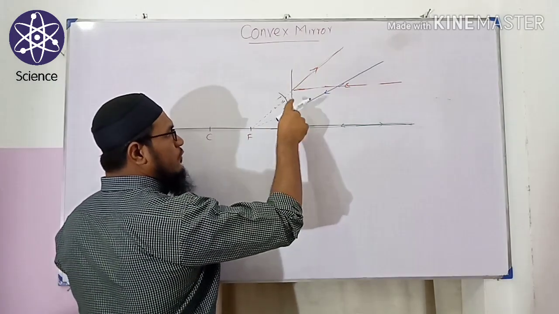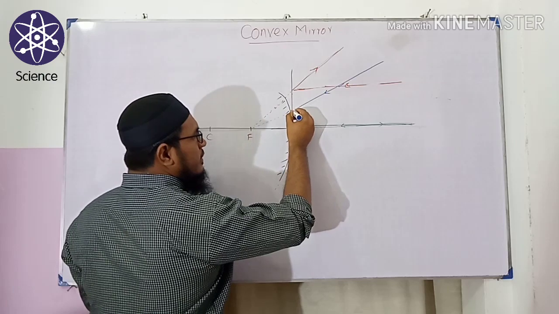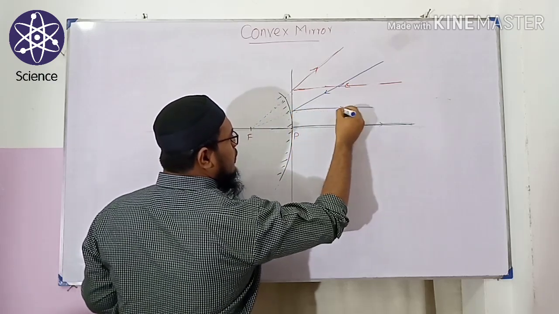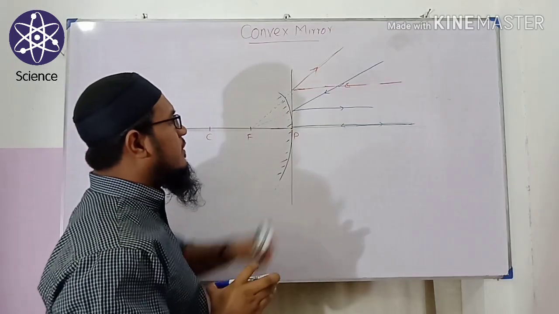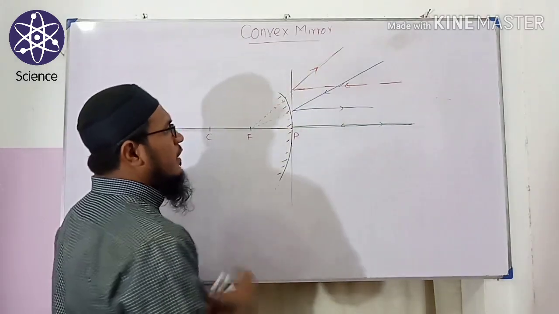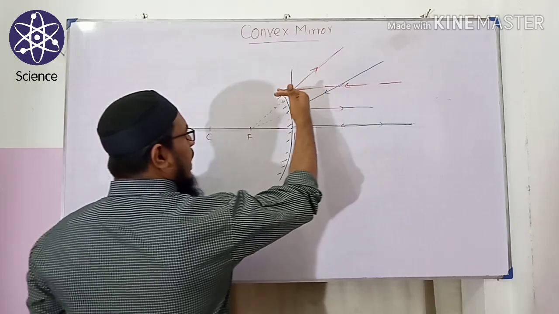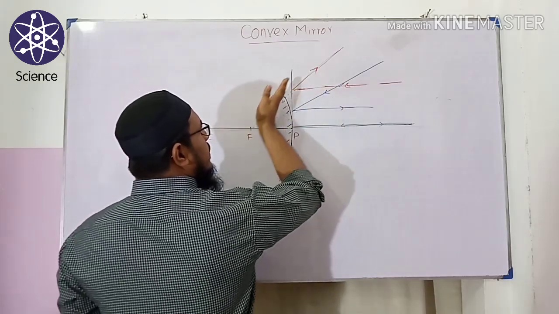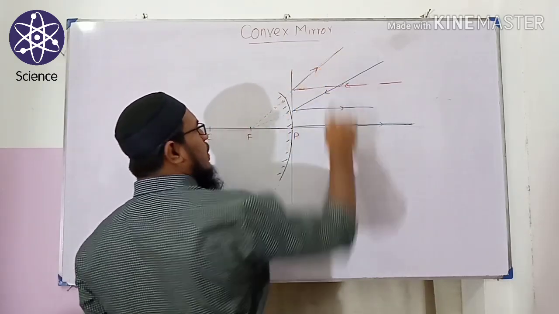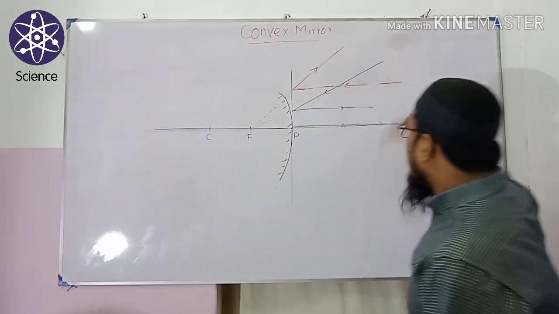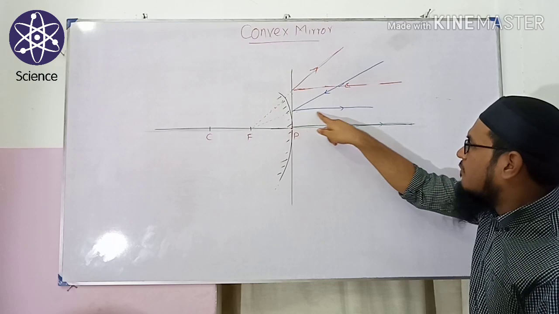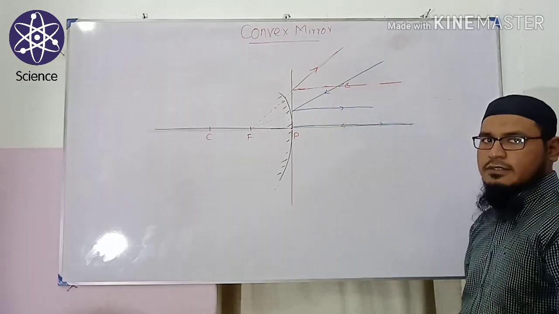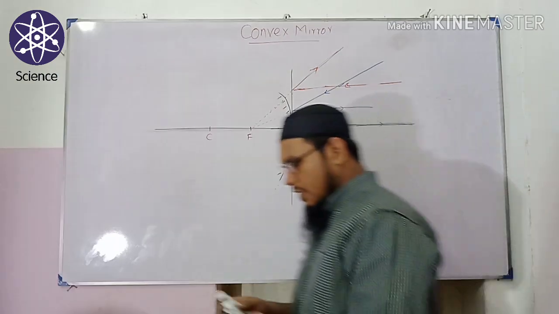At this point it will get diverged, and it will travel parallel to the principal axis. So the second theory and the third theory are vice versa: traveling parallel to the principal axis and getting diverged as if going away from the focal point, and here traveling towards the focal point and getting diverged and traveling parallel to the principal axis. That is the third theory.